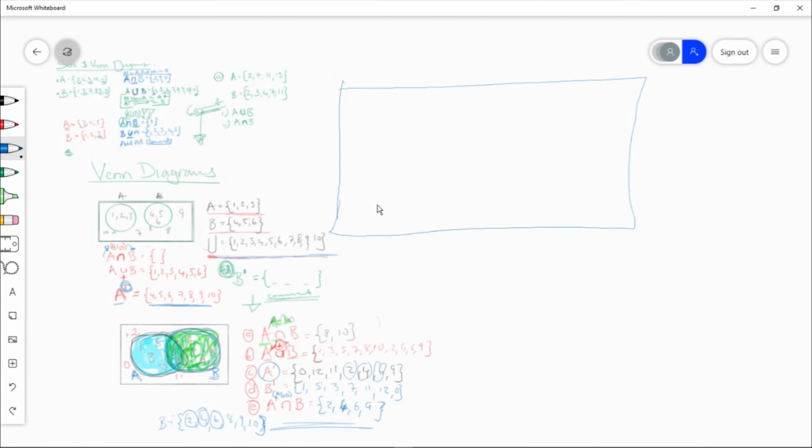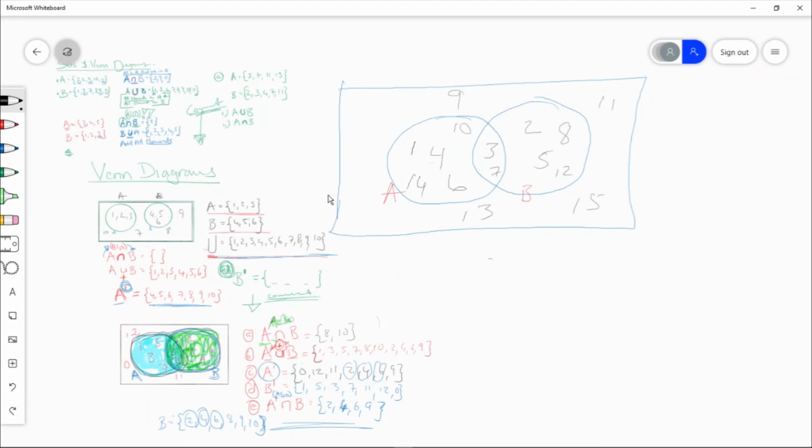I'm going to put two sets, A and B. And I'm going to put numbers in those sets: 1, 2, 3, 4, 5, 6, 7, 8, 9, 10, 11, 12, 13. And then 14. You can also maybe add 15.